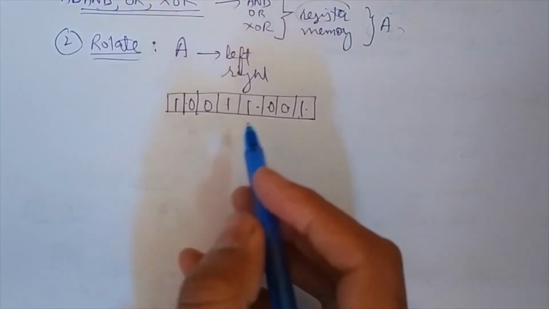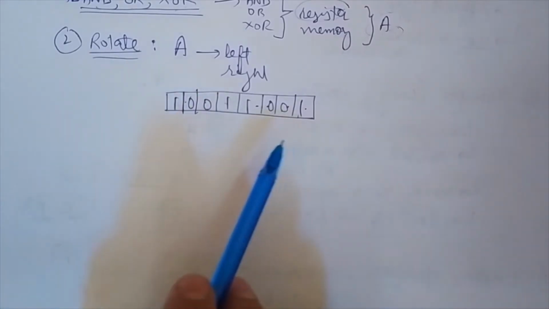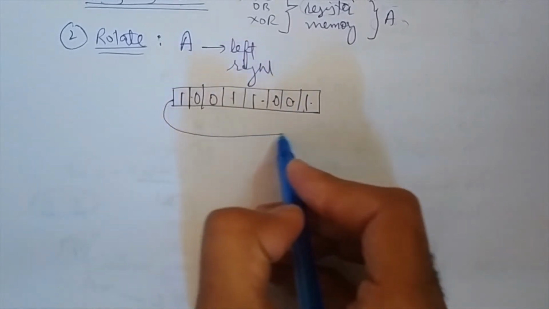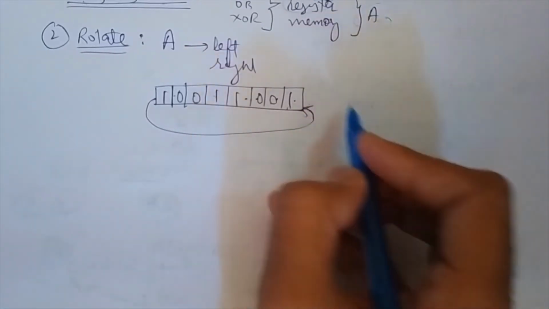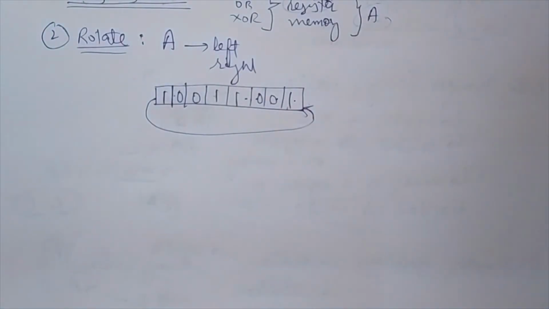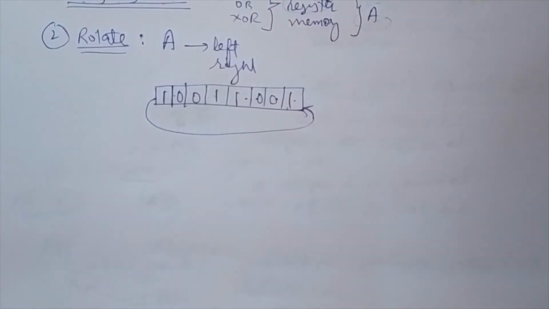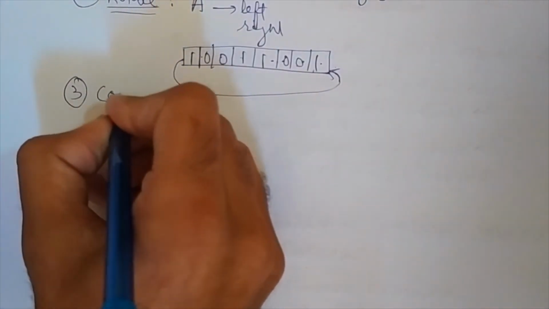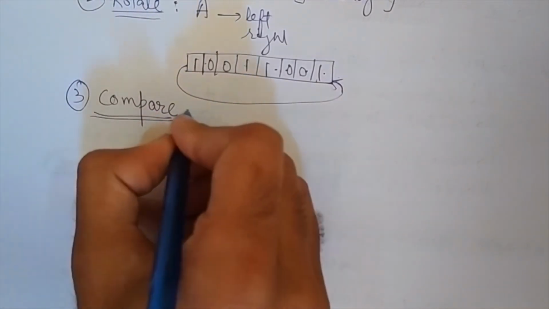And I have to rotate the bits. I can rotate either left or right. Rotate means taking the bit from here and putting it at the end. So this will be left rotate, or we can have a right rotate. For this particular purpose, we use a rotate instruction. And another type of logical operation in 8085 microprocessor is the compare.